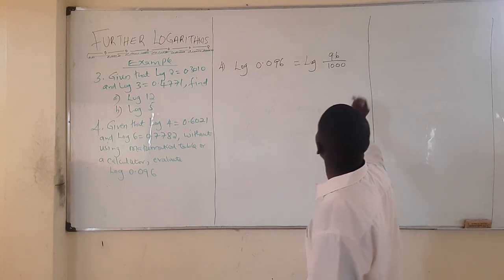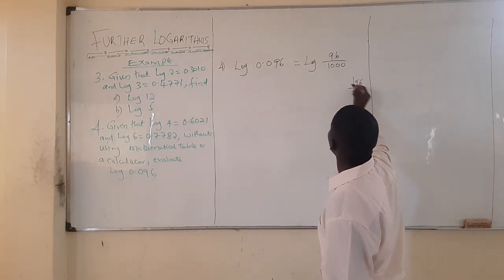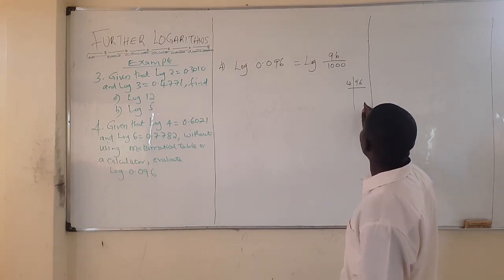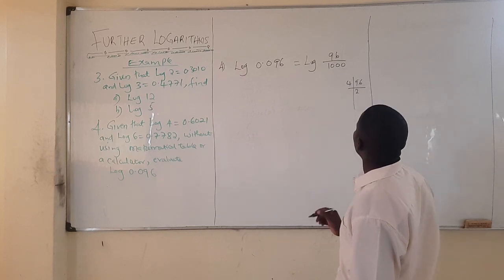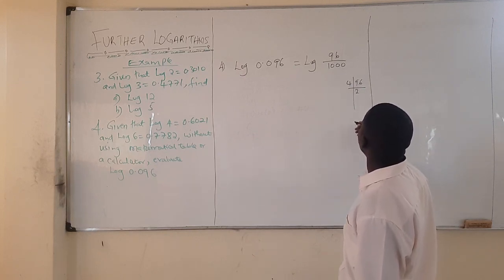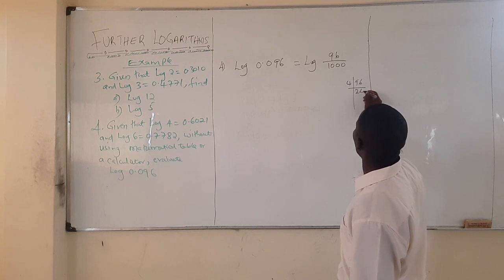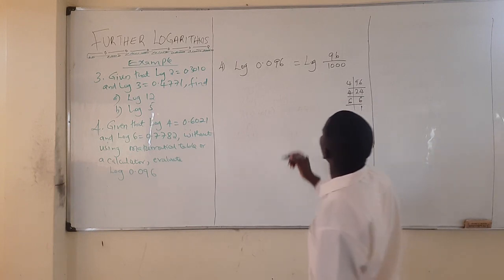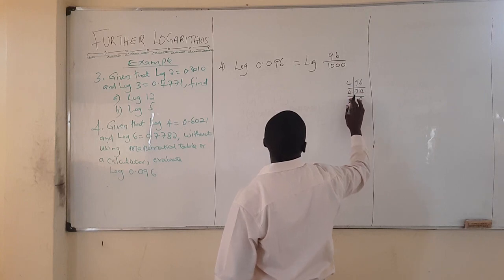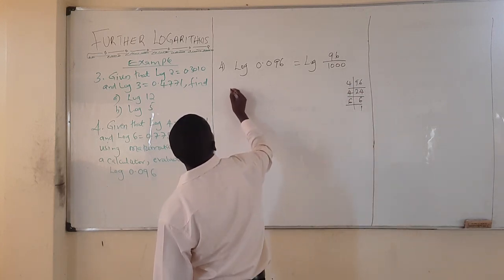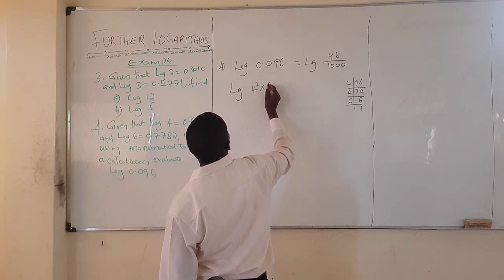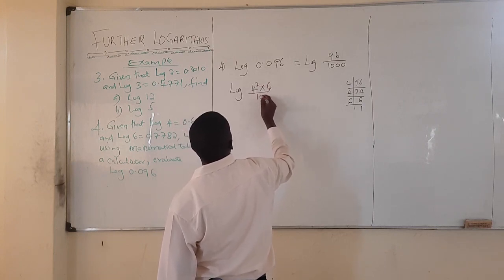So 96 in terms of 4 and 6, you can first divide by 4. 4 goes 2 times, then we get 1, and 16, 4, then 4 again, then because of 6, 6, 1. So the log of 96 is the same as 4 squared times 6. So this is going to be the log of 4 squared times 6 divided by 1000.